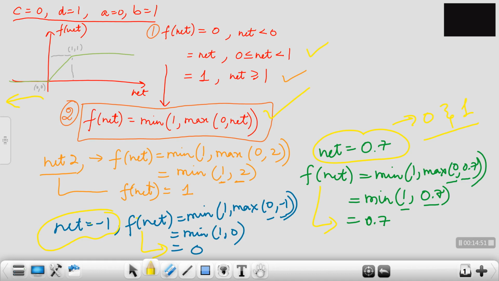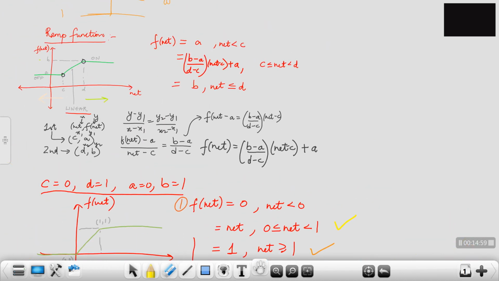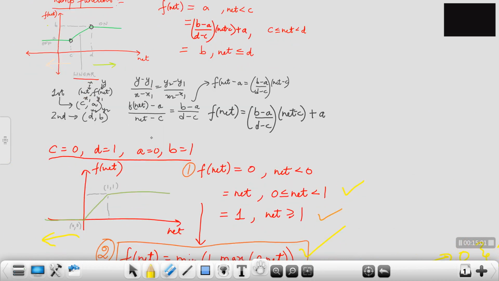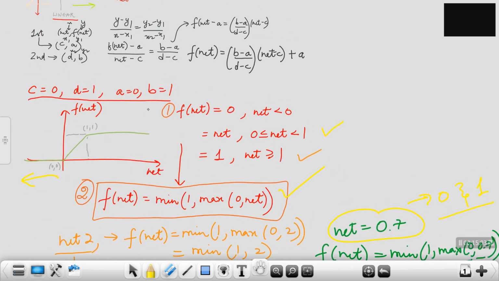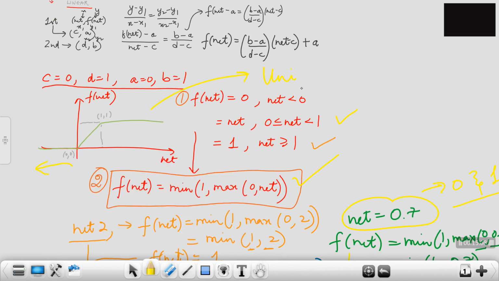Similarly, now we can have the bipolar ramp function. Now whatever ramp function was discussed earlier, that is this one, was a unipolar ramp function.